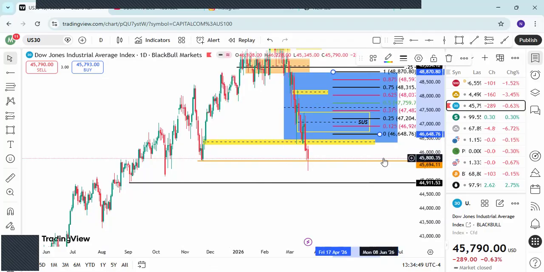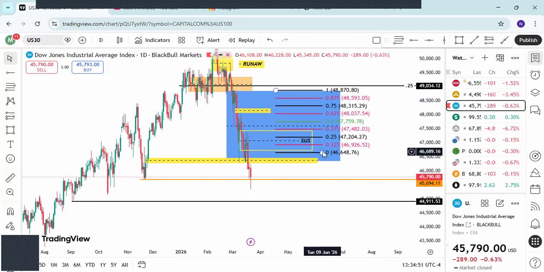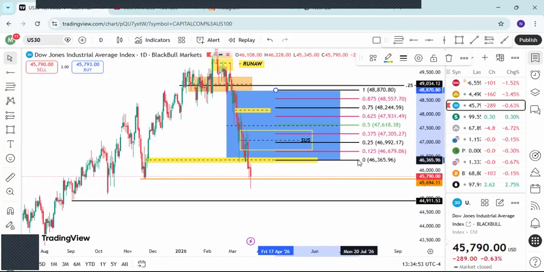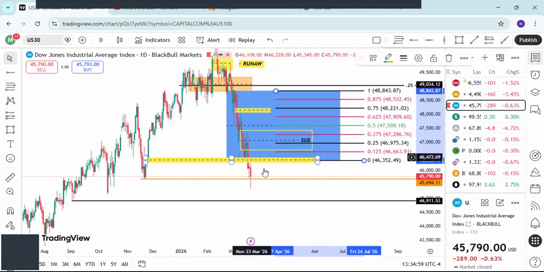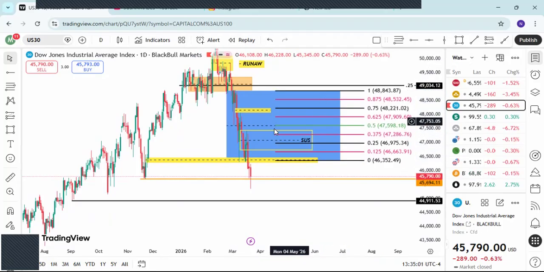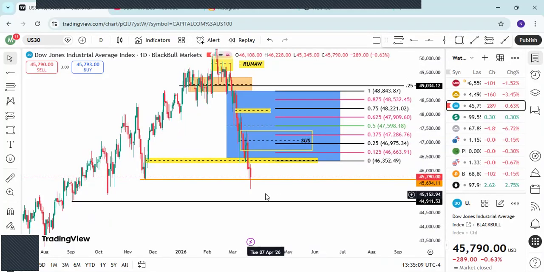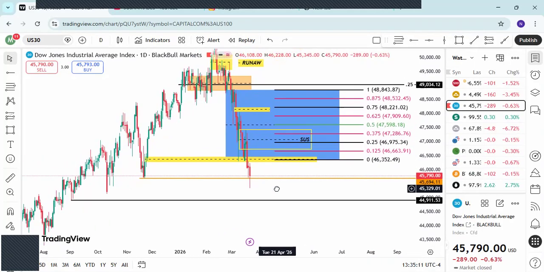Okay. So now we're going to take your fib, put it there like that. And you'll watch how the lower quadrant here holds price. If it goes in there, that's what you're going to watch.